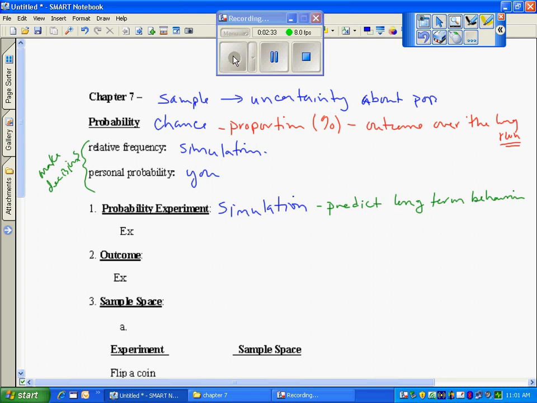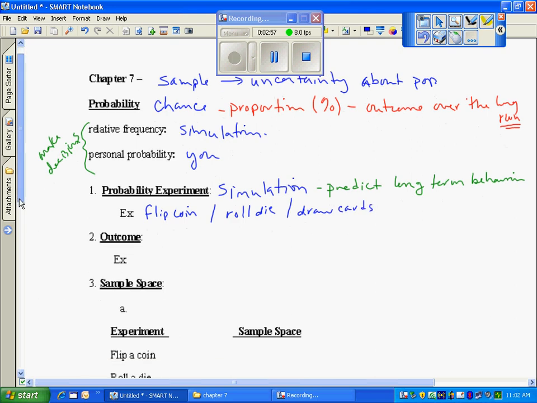So an example of a probability experiment or a simulation is just if I flip a coin. If I repeat it over and over again, almost 50% will be heads, 50% will be tails. Not initially, but in the long run. I might roll a single die. That might be my probability experiment. I might draw cards from a deck.